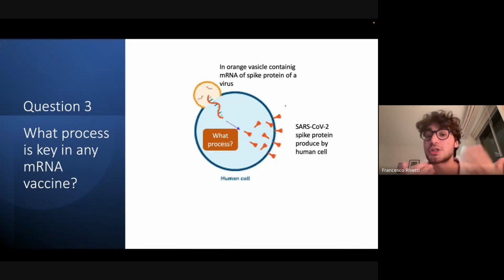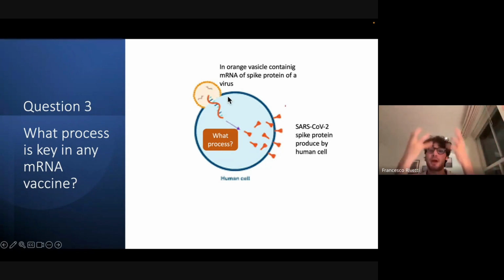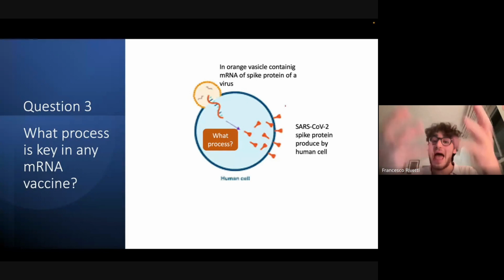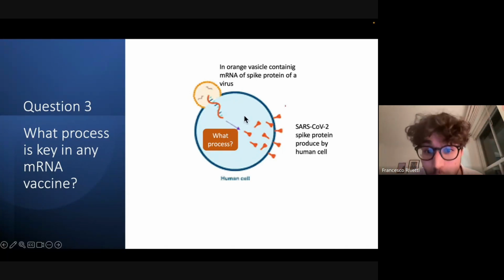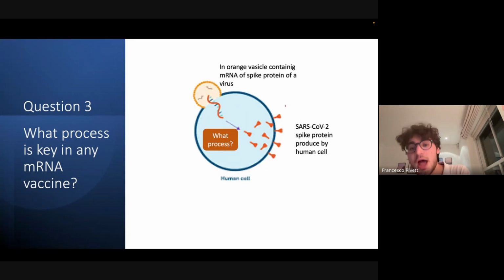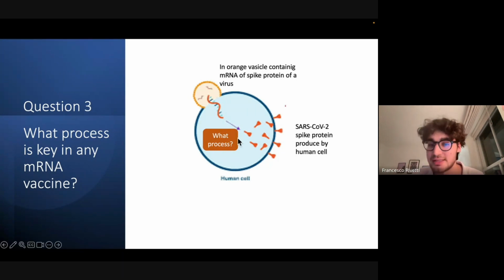So that's why we get the mRNA of a protein we don't have, and it then enters our cells, and our own bodies then produce the spike proteins by translation. Just to contextualize this, how a normal vaccine works is that they skip this mRNA step and you get injected with either the actual virus or the protein itself.